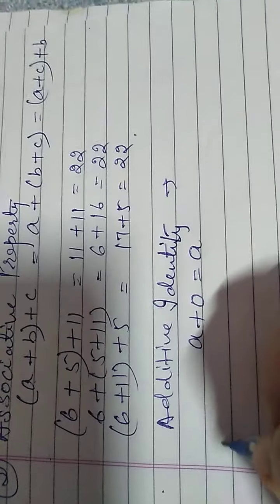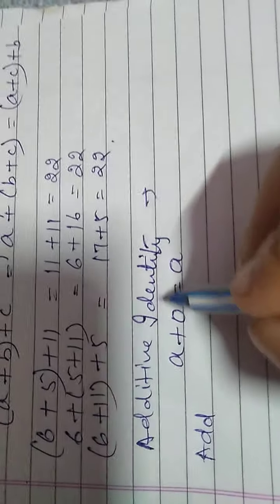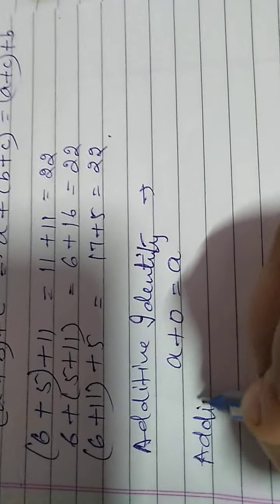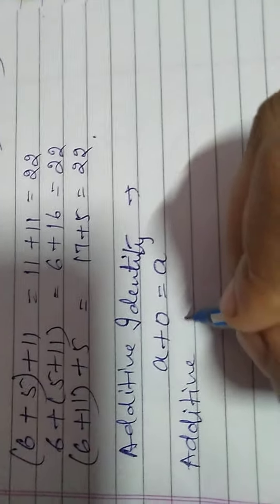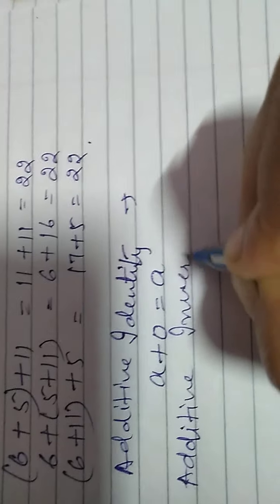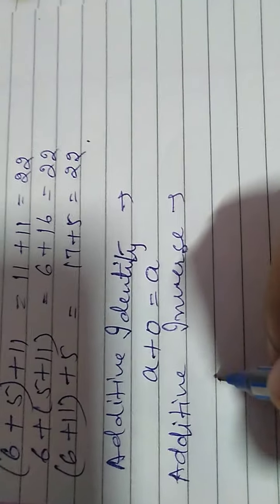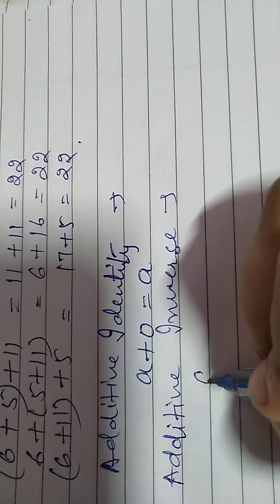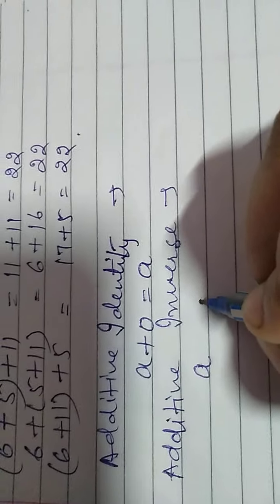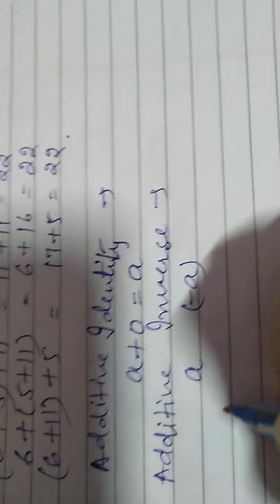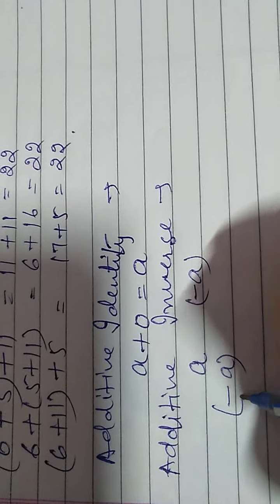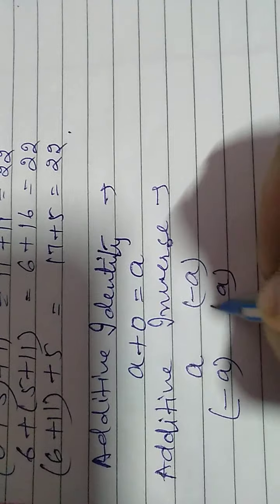Now the additive inverse. There is some difference between additive identity and additive inverse. Understand it properly. If we are finding the additive inverse of a positive integer, then it will be a negative integer. If we are finding the additive inverse of a negative integer, then it will be a positive integer.